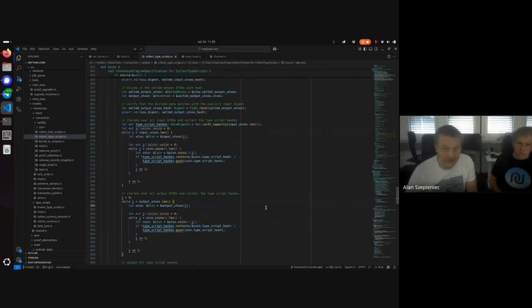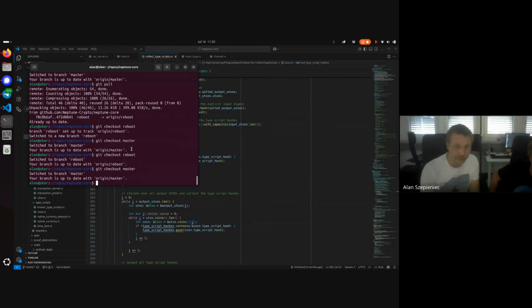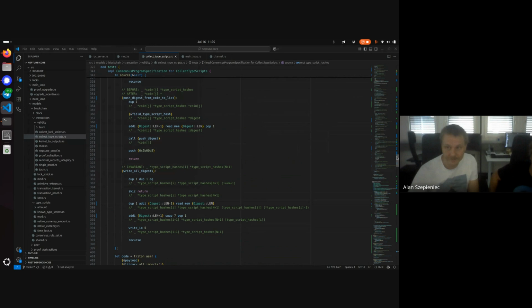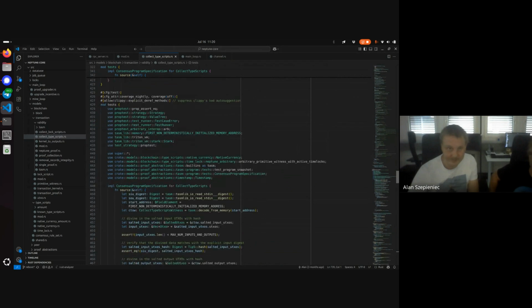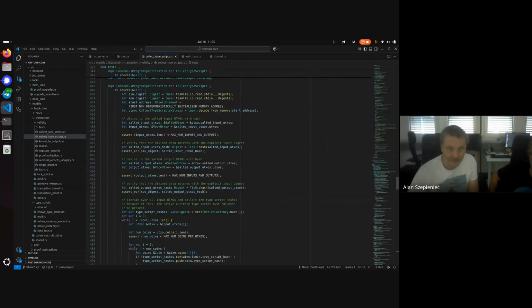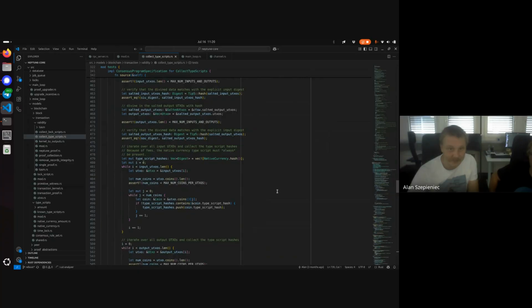And that's exactly the error, because if there are no UTXOs to iterate over, this list will have the value it had when it was initialized, which is the empty list. And so if we move to the reboot branch, where we are fixing or have fixed this bug, we will find a different story.